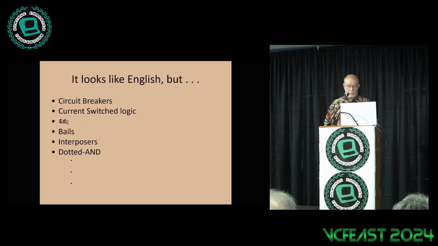What's a kind of a logic gate? We would know this as an edge triggered gate, but to IBM, it's an AC triggered gate. So all of this terminology that's kind of odd that you have to translate to something to deal with. And it goes on. There's a lot of mechanical things with bails and interposers that they talk about in the documentation. And then odd things like dotted ORs and dotted ANDs that we'll look into.